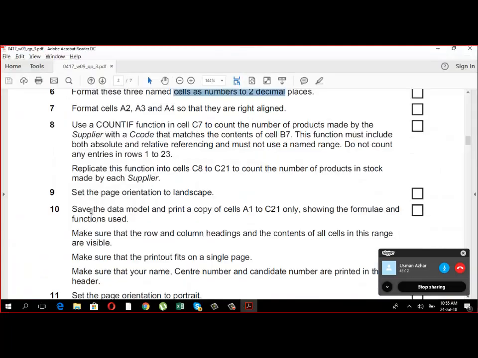Read the question. Take time and then read it.